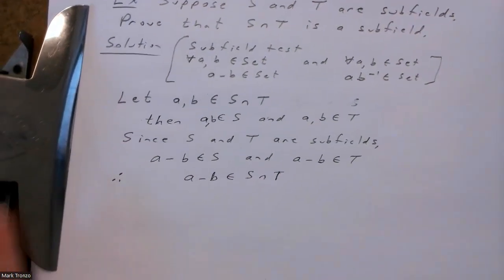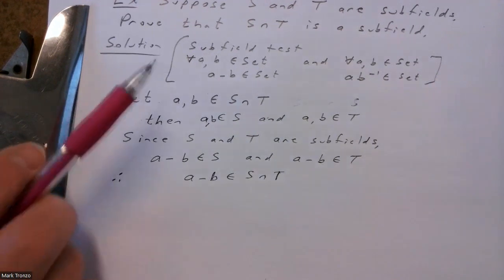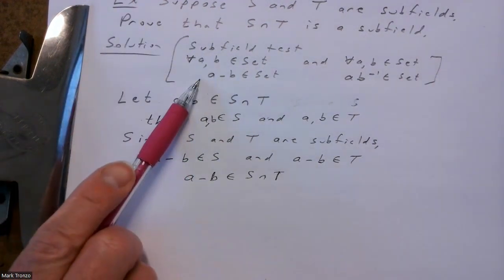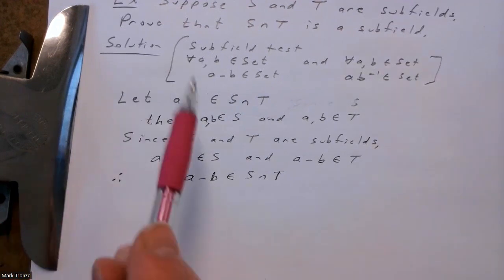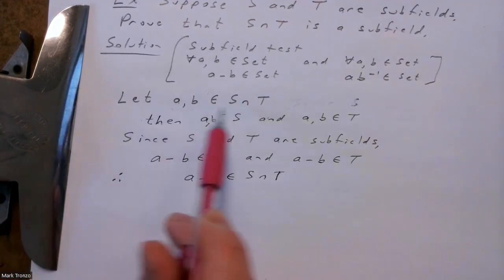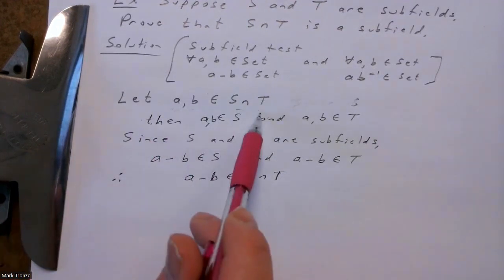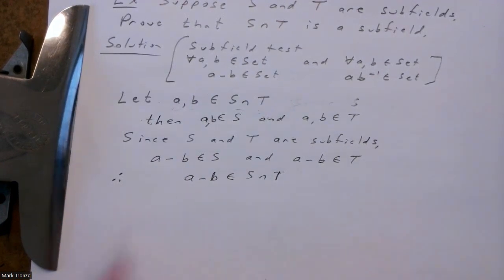So we passed the first test. We picked two typical elements in the intersection and proved their difference was in the intersection.